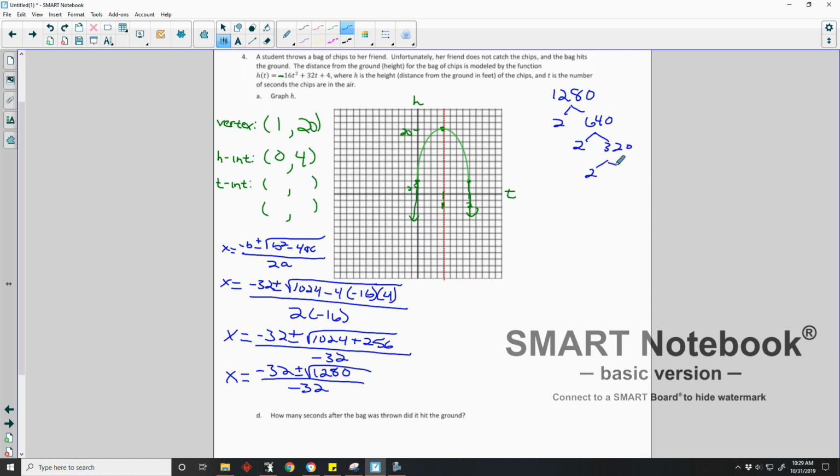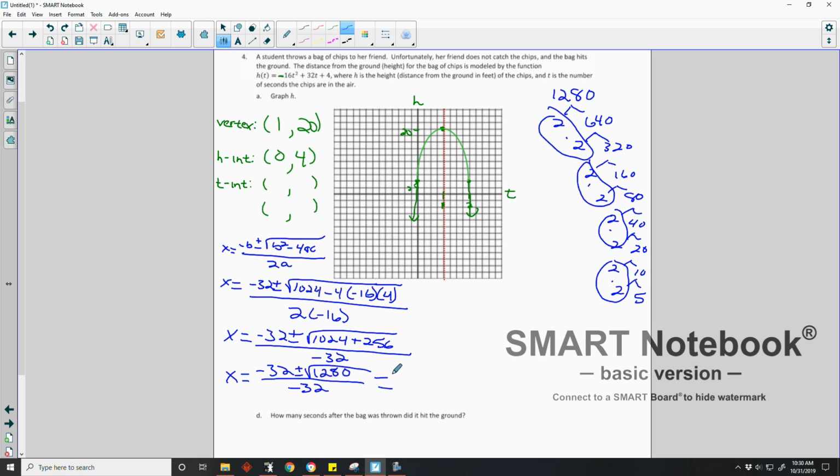Divided by 2 is 160. Divided by 2 is 80. Divided by 2 is 40. Divided by 2 is 20. Divided by 2 is 10. Divided by 2 is 5. So I have a pair of 2's, another pair of 2's, another pair of 2's, and another pair of 2's. 2 times 2 is 4, times 2 is 8, times 2 is 16.